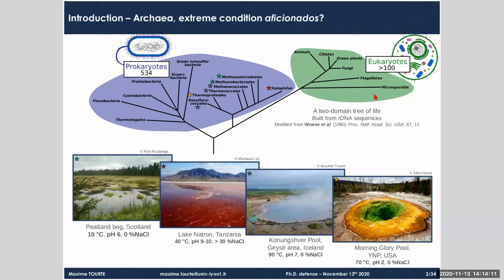However, we also found some strange organisms that have, for instance, very specific metabolisms like methanogenesis, or inhabit very extreme environments such as hypersaline lakes, but also hydrothermal vents, that didn't really fit with this quite simple dichotomy of life.